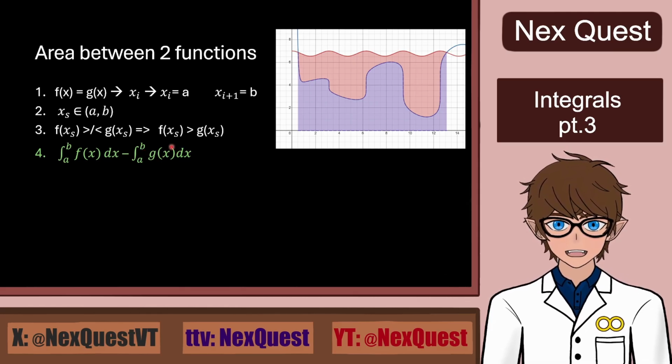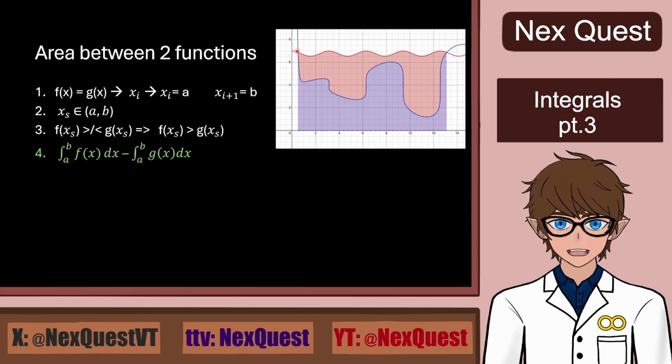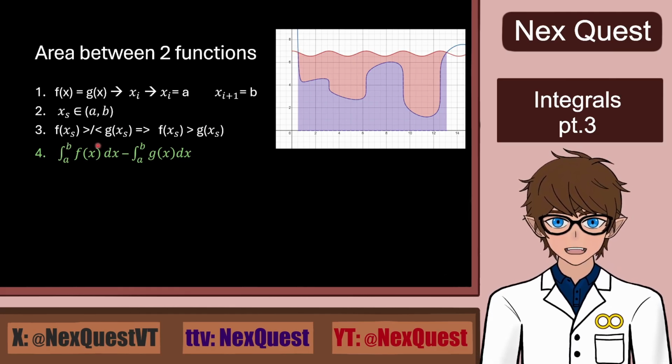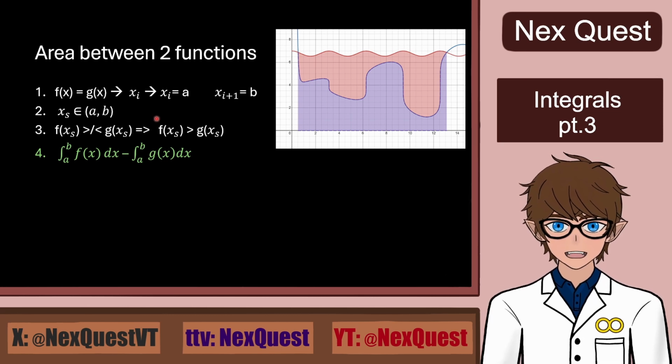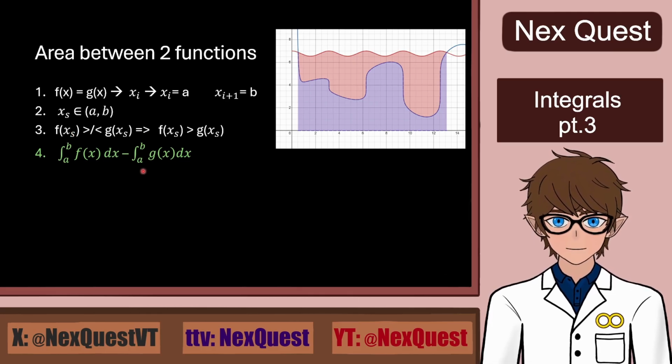And if our interval contains more than two touching points, etc., do keep in mind that signs matter and it's important to get them correctly. So the bottom limit will always be the lower of the two, and the top limit will always be the higher of the two, unless the teacher gives specific instructions, and then you subtract the bottom function from the top one. And that's it, that's the rule.